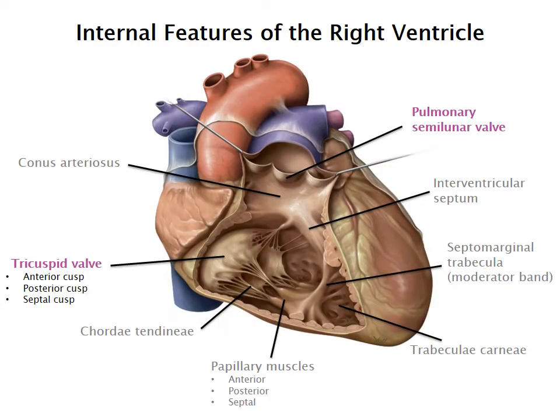Now, this is the internal view of the right ventricle. Don't let this freak you out. As you can see, most of these structures are grayed out, but we're really looking in the chamber of the right ventricle, so blood would be filling this whole area in here. How did it get in here?